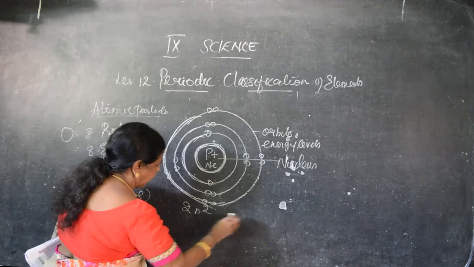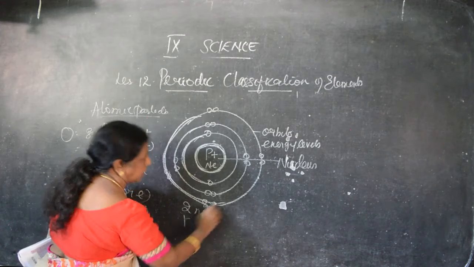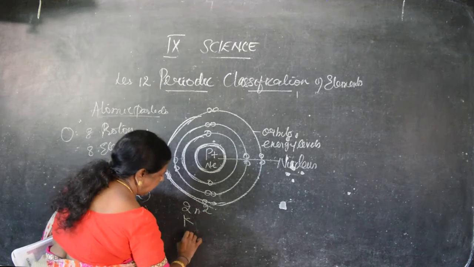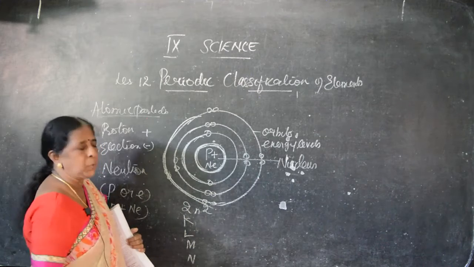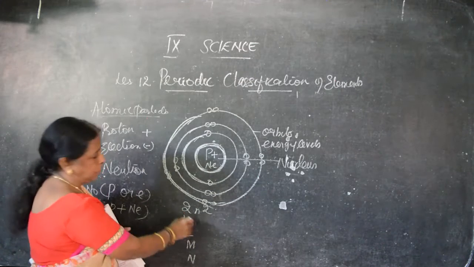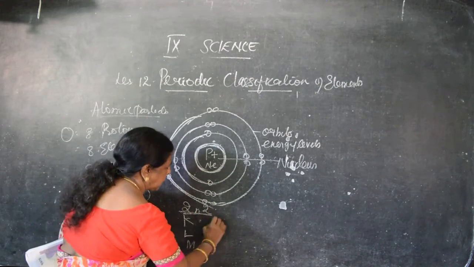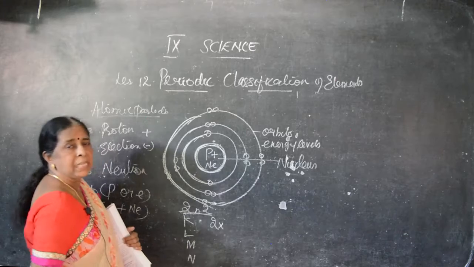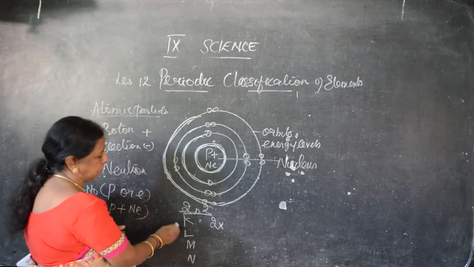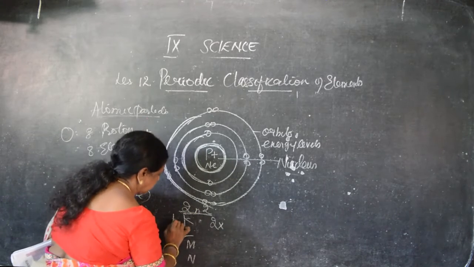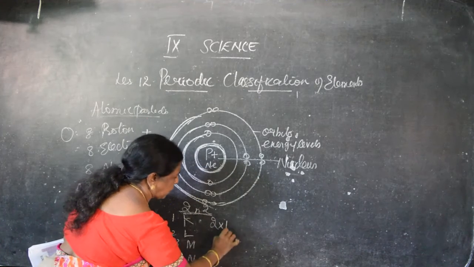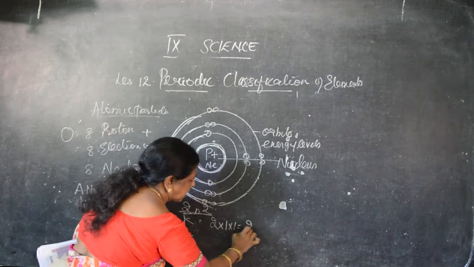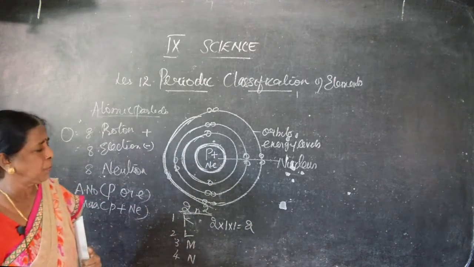For example, in an atom, the shells, that is orbits, are K, L, M, N. How many orbits are there? 4 orbits. As per the formula 2n squared, 2 is the constant number, n is the number of the orbit. First orbit is K, so the number of the orbit is 1. Children, do you understand what I said? 2 into 1 into 1, 2.